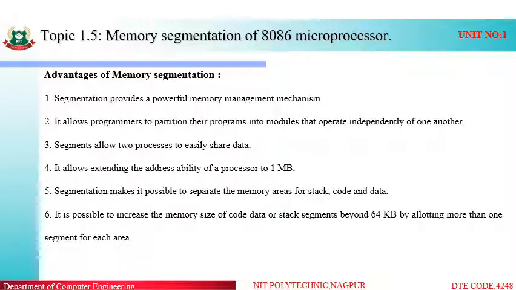It makes it possible to separate the memory areas for stack, code and data. It is possible to increase the memory size of a code, data or stack segment beyond 64 kilobytes by allotting more than one segment area for each.